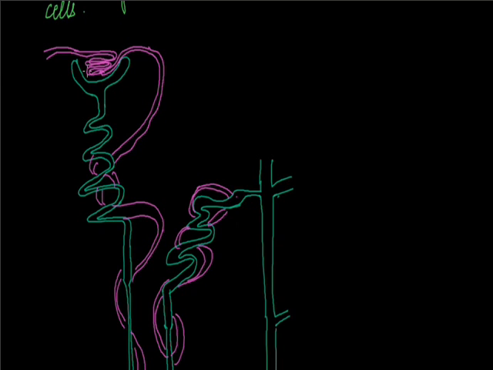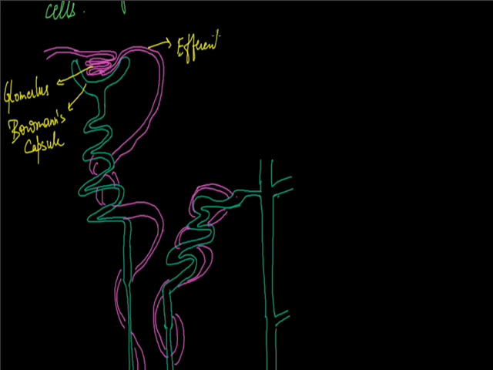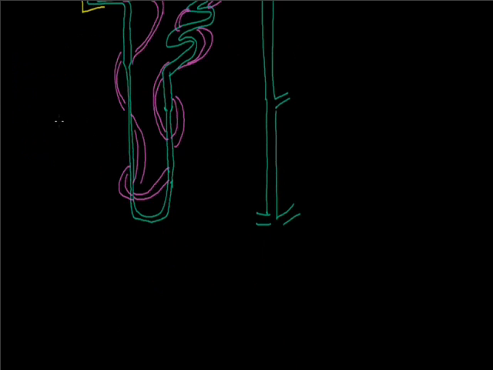Now this is called glomerulus. This is Bowman capsule. This is called efferent arteriole. Now this part is known as PCT, which is proximal convoluted tubule.